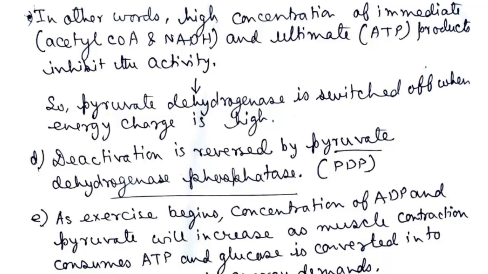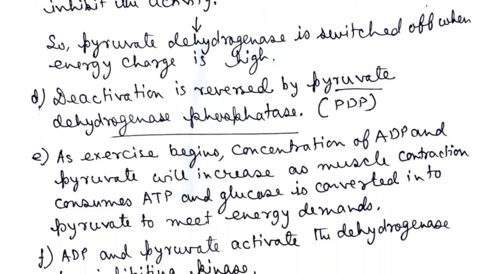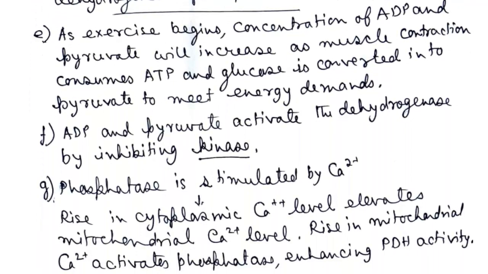Now, when this enzyme is activated, it is by pyruvate dehydrogenase phosphatase. As the body starts to function or exercise begins, the concentration of ADP and pyruvate will increase. Why? Due to muscle contraction, muscle consumes more and more ATP, and glucose is converted into pyruvate to meet these energy demands.